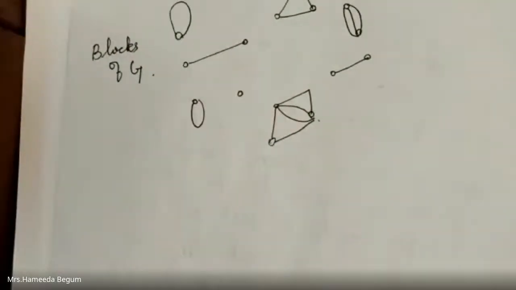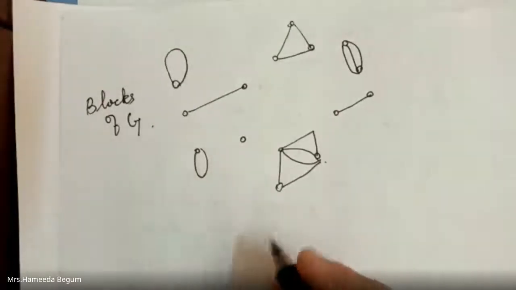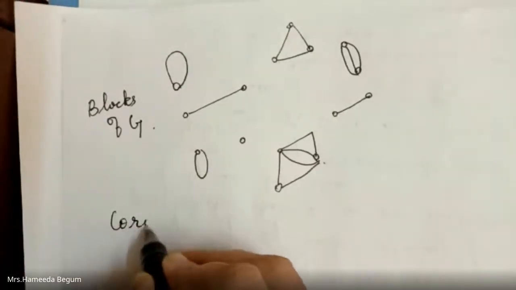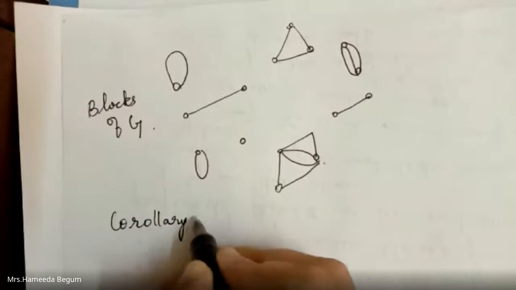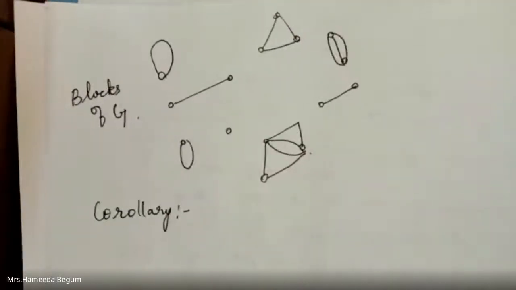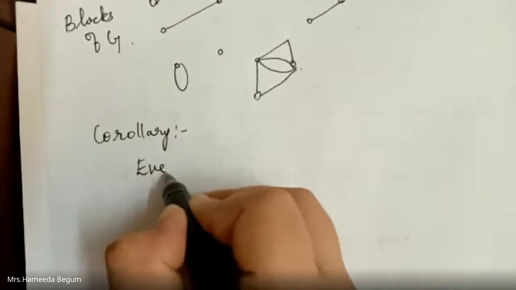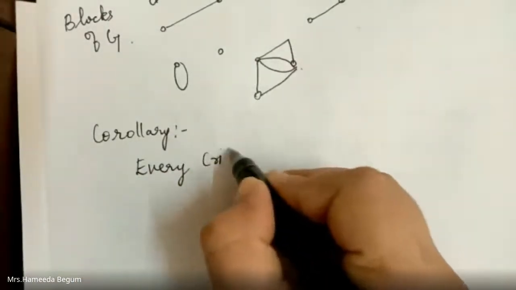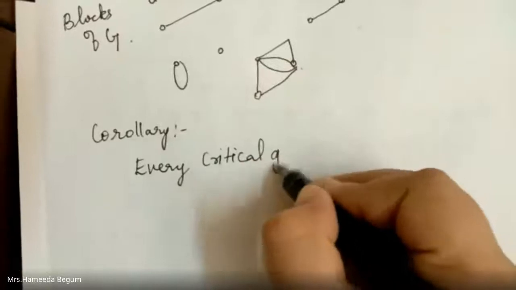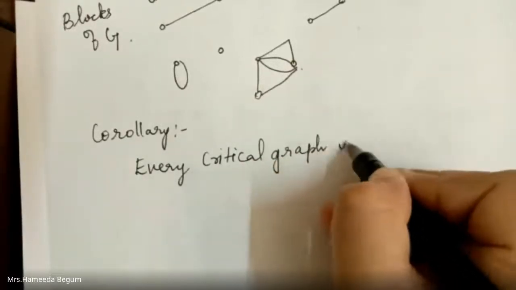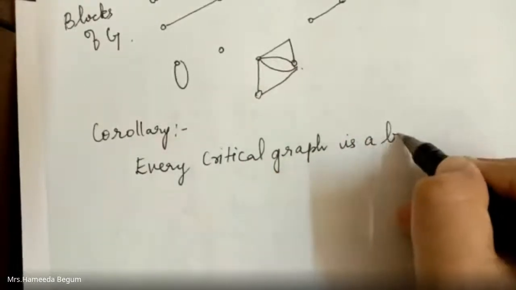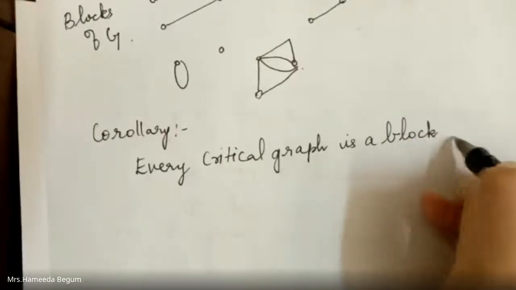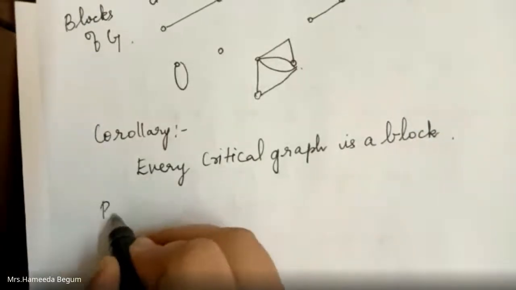So we have a corollary considering this. The corollary says that every critical graph is a block. Now let us prove this.